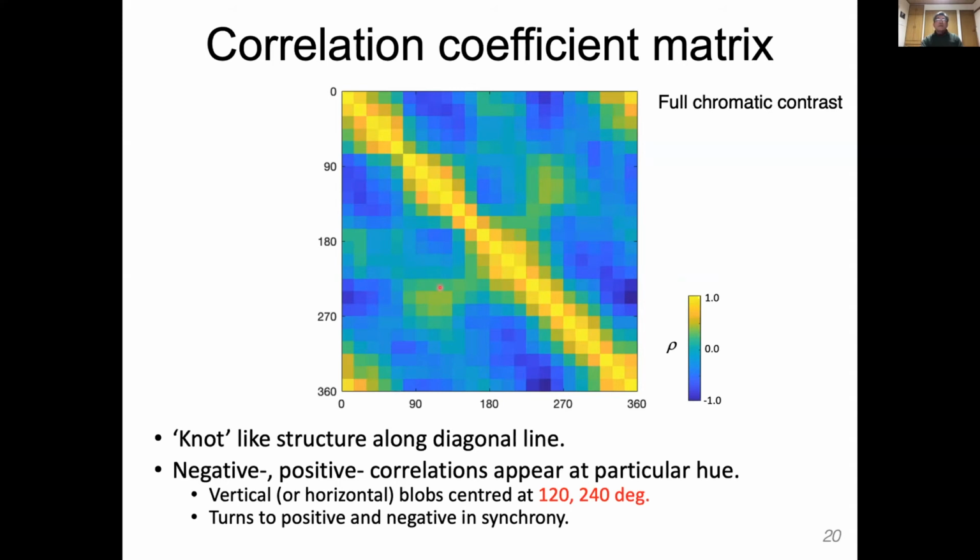You can also find negative and positive correlations, shown by the brightness of this color code. Dark corresponds to minus 1.0 and bright corresponds to 1.0. For example, you can find a dark, bright, dark, bright, dark, bright periodical change of the correlation at around 120 and 240 degrees.